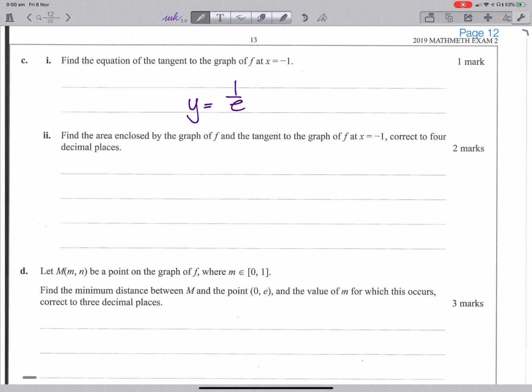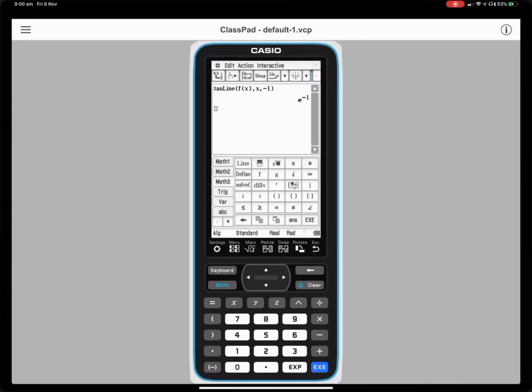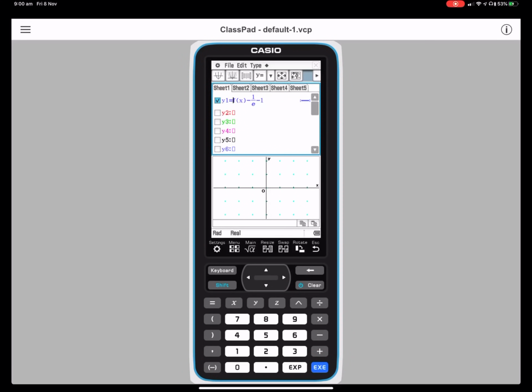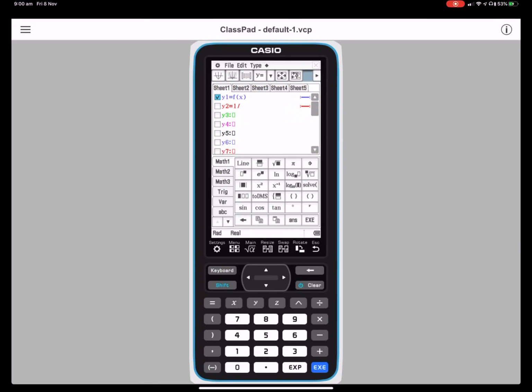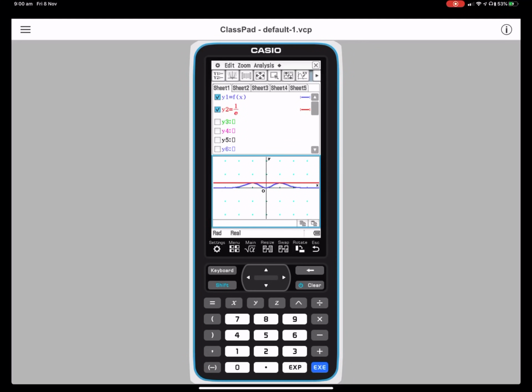Find the area enclosed by the graph of f and the tangent to the graph at x equals negative 1, to 4 decimal places. So let's have a look. That 1 divided by e to the 1. So we want in between here and here to 4 decimal places. I don't think you can do it in here. Intersection, enter, enter.